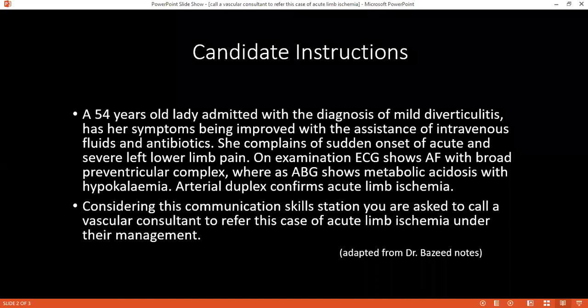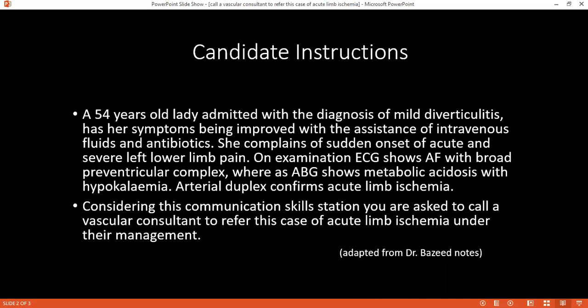What do you think about her presumed diagnosis of diverticulitis? In the setting of acute limb ischemia and atrial fibrillation, it looks like it can be a mesenteric ischemia. Okay, so is it necessary to scan now?